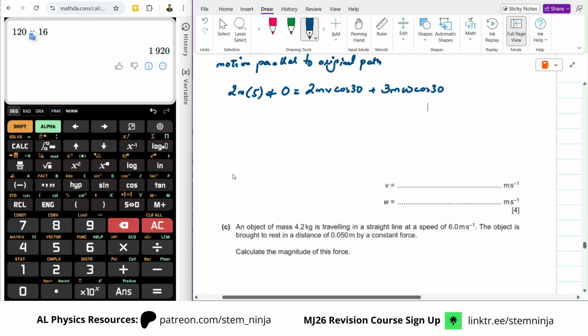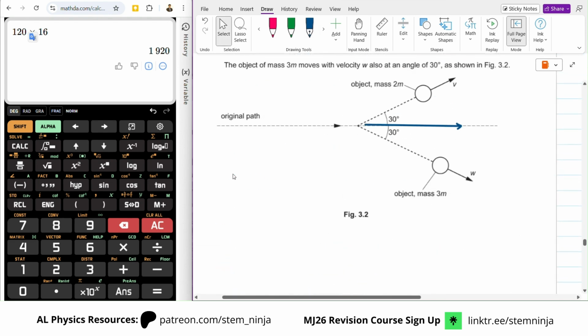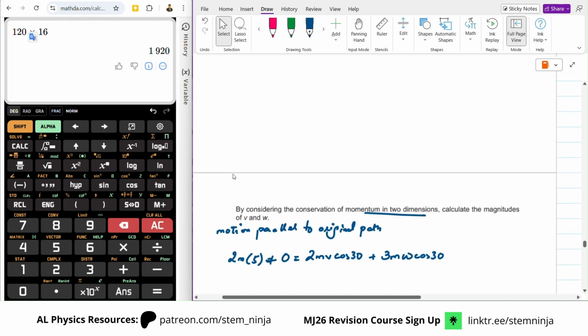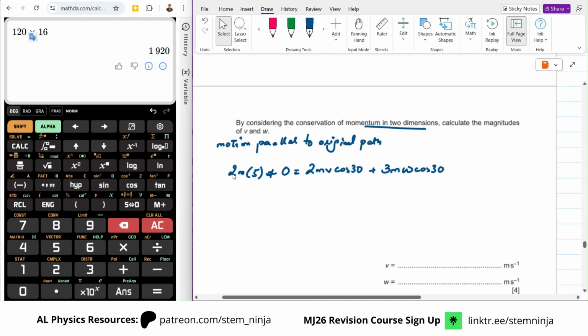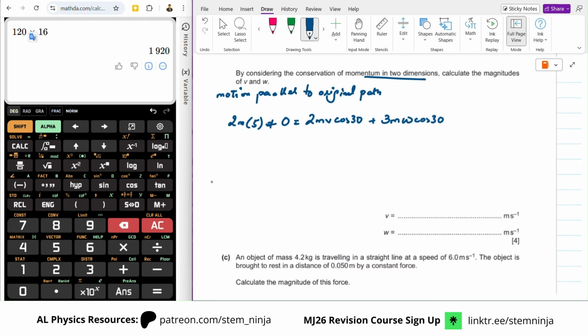Just to make sure that we have the right thing: 2mv cos 30, 3mw cos 30, and this is 2m times 5. Okay, and the motion perpendicular to original path.